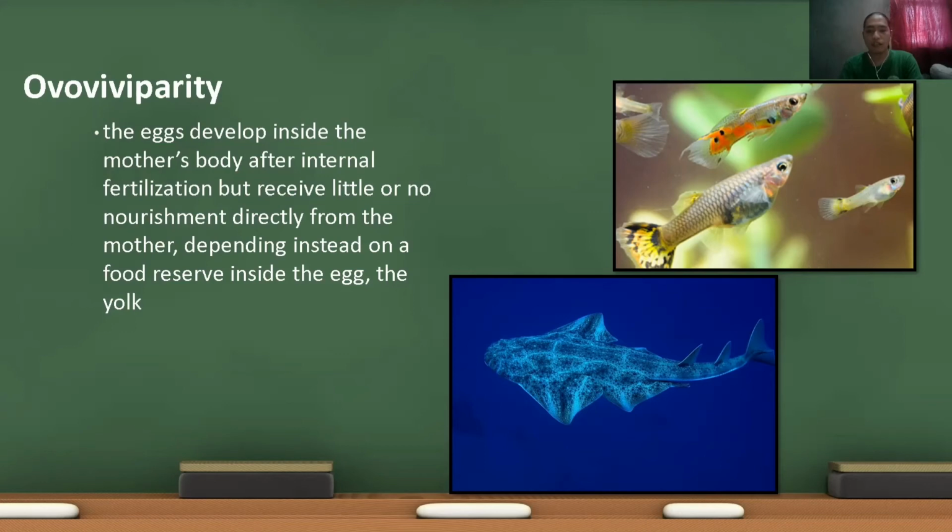Example species here are guppies, angel sharks, and coelacanths.